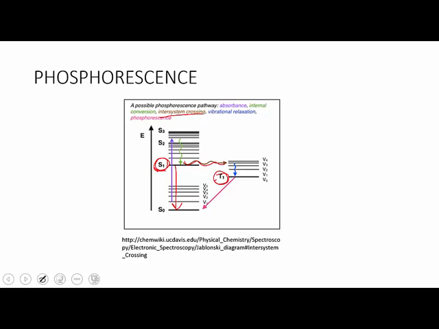From the diagram, if you look at the triplet state, the highest energy vibrational state of the triplet state is approximately equal to the lowest energy vibrational state of the singlet state. But in the triplet state, you have further vibrational relaxation, causing the electron to lose more energy. Thus, when it relaxes back down to the ground state, it emits light at a longer wavelength because the electron has lower energy. And this is what gives you the longer lasting light, as you see in glow-in-the-dark materials.